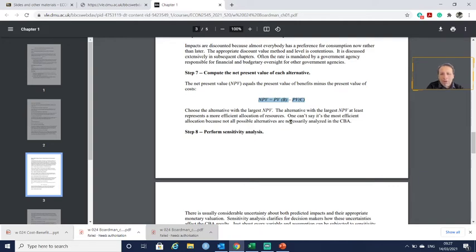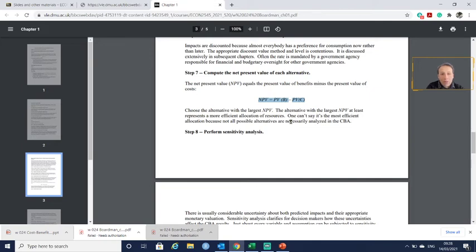Step number 8 is to perform a sensitivity analysis. So you have your impacts and your variables, and you need to assess what happens if your variables change over time. One of your variables is the discount rate.